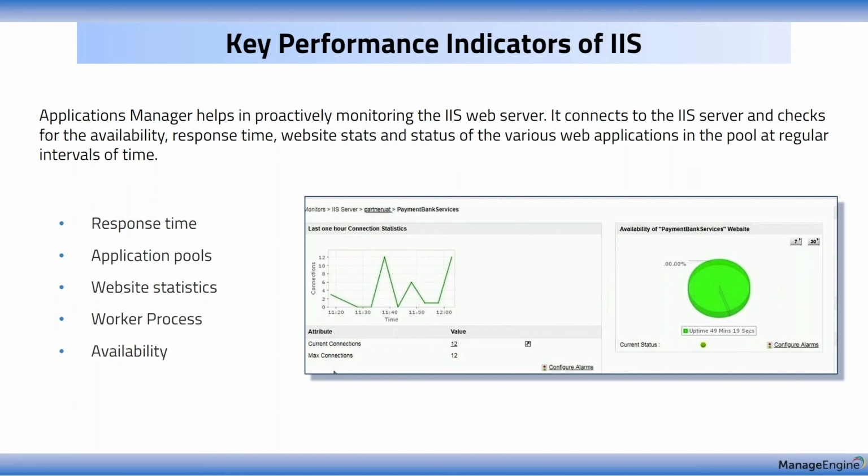When a website hosted on IIS slows down, the underlying issue could be IIS itself. But we cannot confirm that the issue is with IIS, and multiple sub-components need to be analyzed before reporting a specific issue. Applications Manager helps you find the system level resources, that is, server resources.